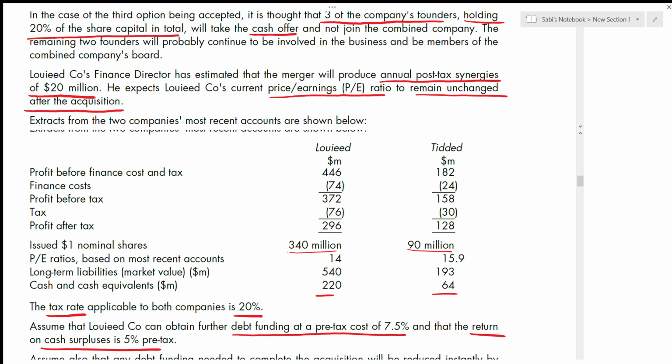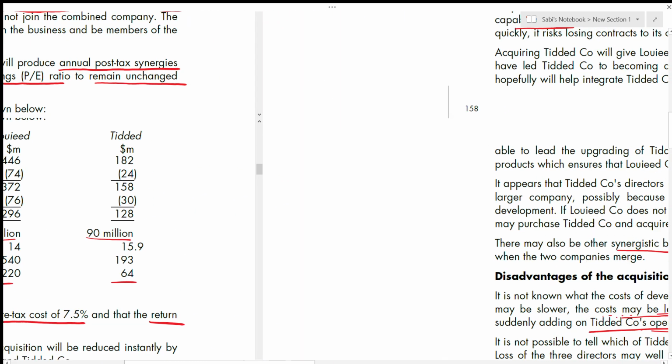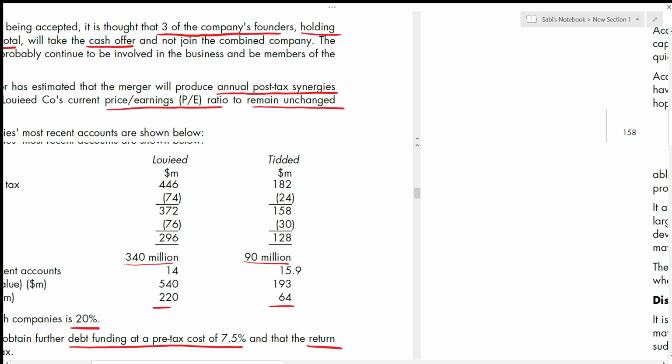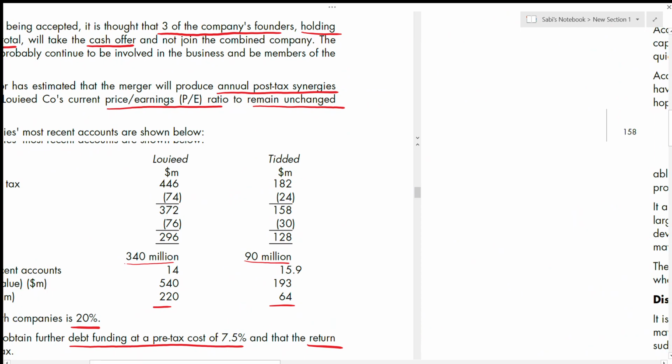So that means first we have to calculate both separately to calculate the PE ratio. We need to calculate the price per share over earnings per share. That means first you need to calculate, what do you need to calculate? Price per share, right?